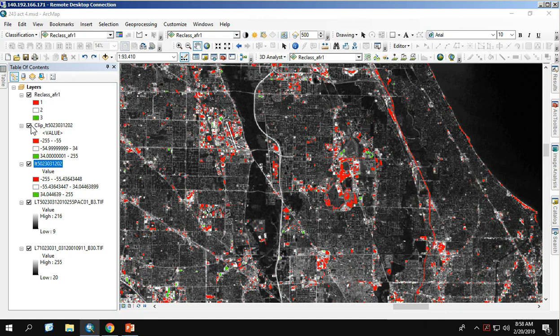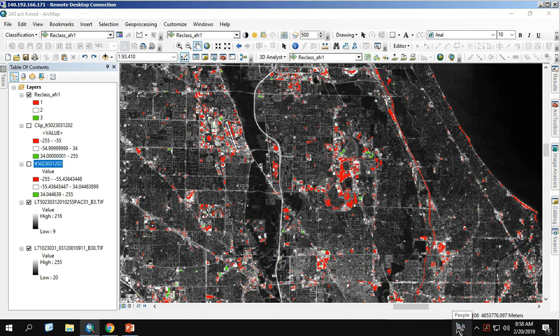You can see I should have different colors on these, but in our reclassification, I took this value range and assigned a 1 to it, this value range a 2, and this value range a 3, just to simplify things for us as we're doing our change analysis.